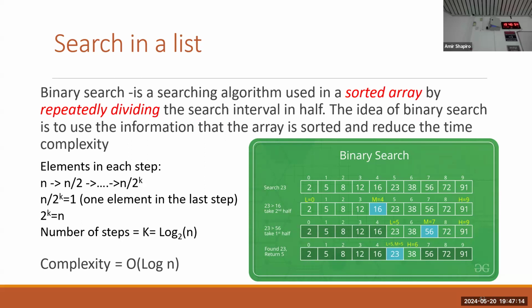In each step, I throw away half of the elements. So first I have n, then n over 2, then n over 2 to the k in the k-th step. This is the number of elements that are left. In order to find the last one, n over 2 to the k will be 1.